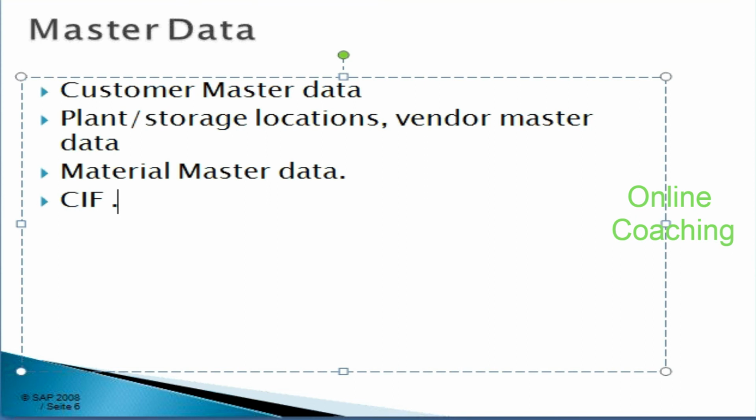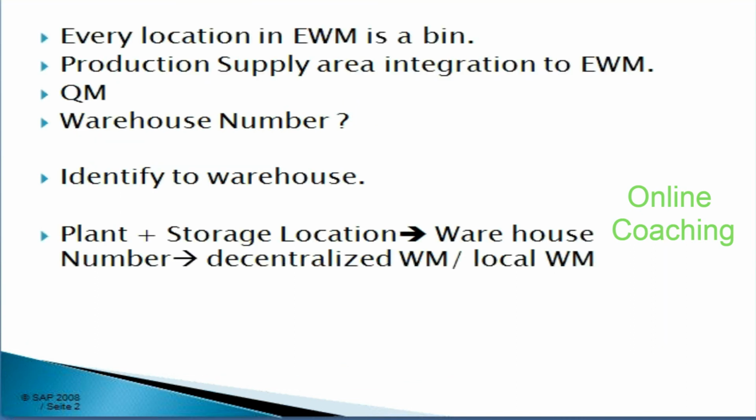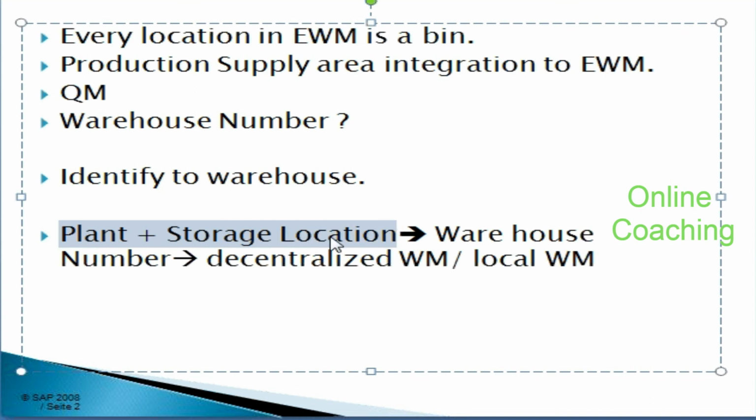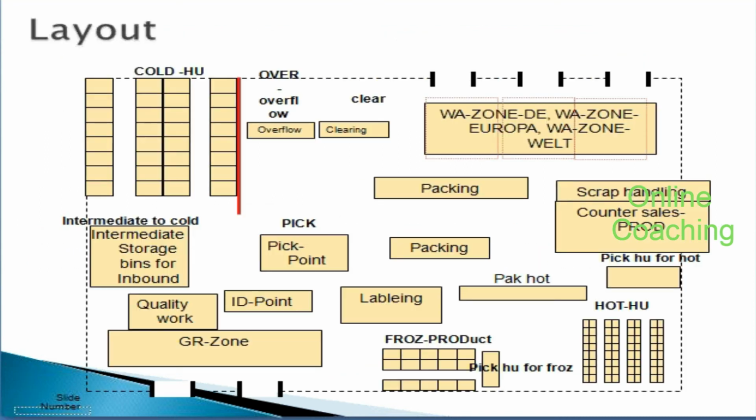What we can do is, from tomorrow's or the day after tomorrow's class, we can start. First, for the very basic setup, we'll define our plant and one storage location. We'll define a dummy warehouse in ERP such that it is maintained decentralized, and then we'll do the RFC connections and everything, the very basic setup for the EWM, and then construct a very simple warehouse layout.